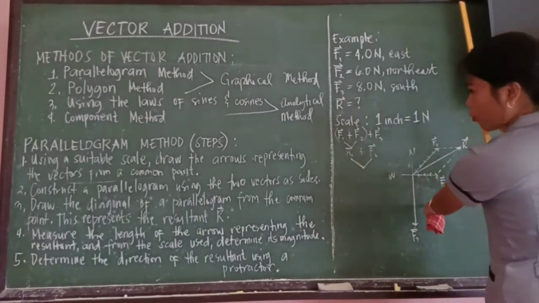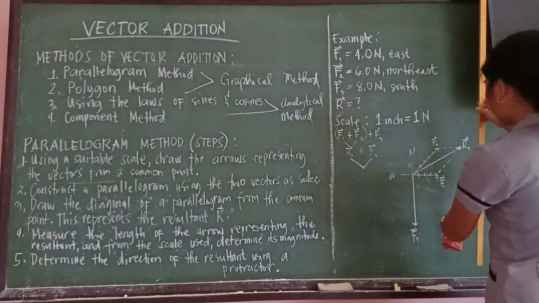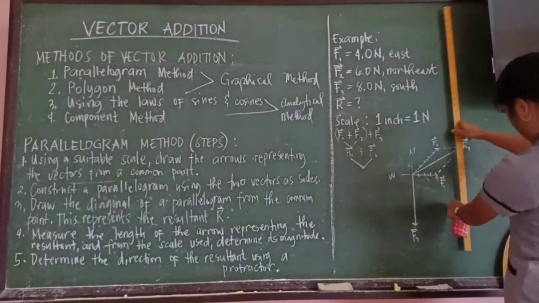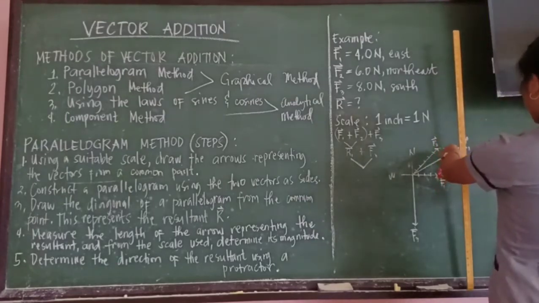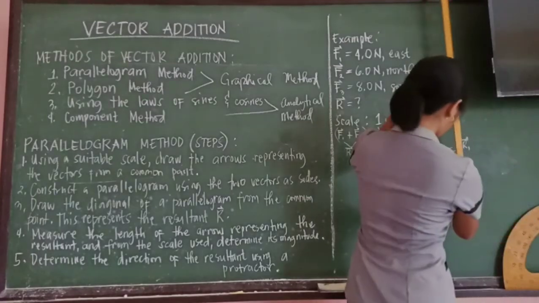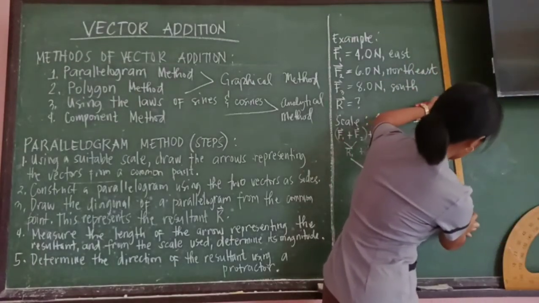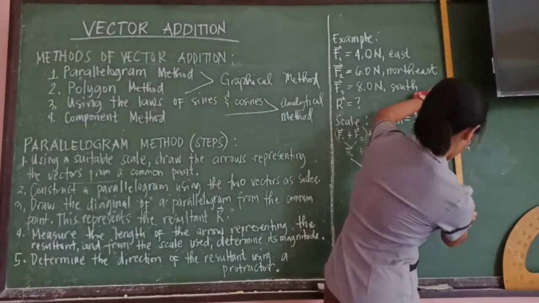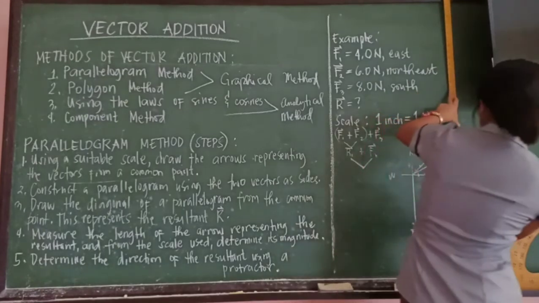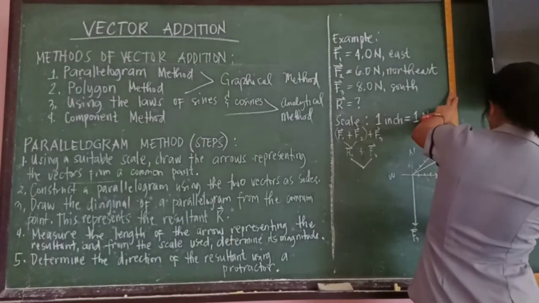Okay, so in creating a parallelogram, we are going to draw an identical and opposite line of f sub 3 because it is easier than r sub 1.